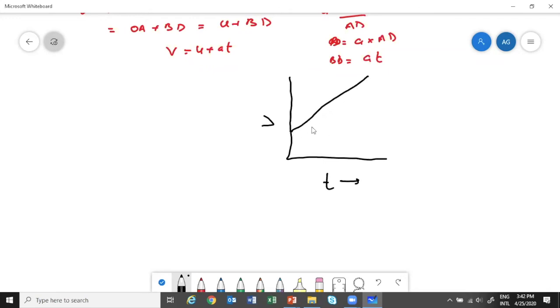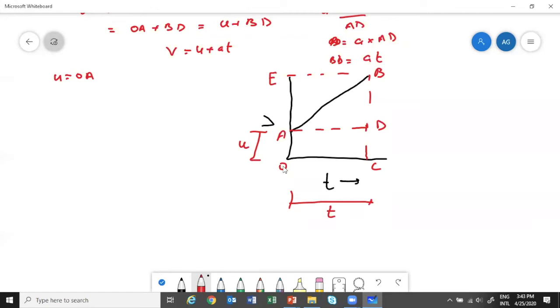Now they start with O, A, B, D, C, and here we can take E. So U is OA, we know that this is the initial velocity, and AD is T, right?